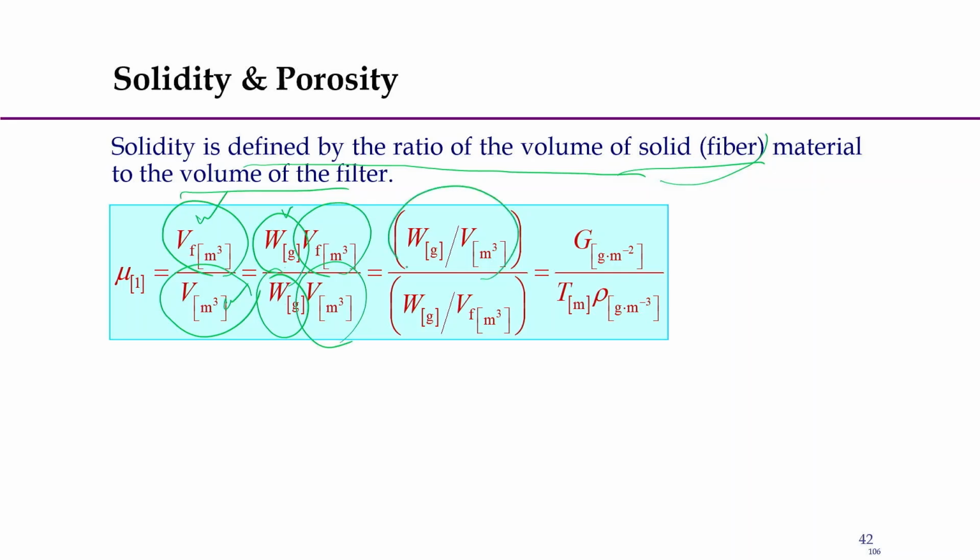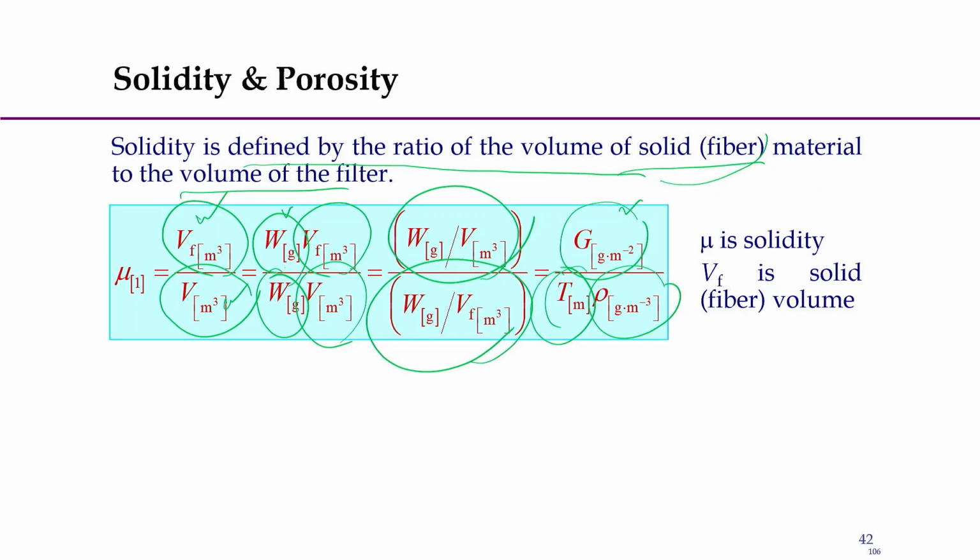So, this is the mass per unit volume of fabric and mass per unit volume of fiber, that is the density of fiber, and from there we can calculate the density, where this is gram per, this is the volume.